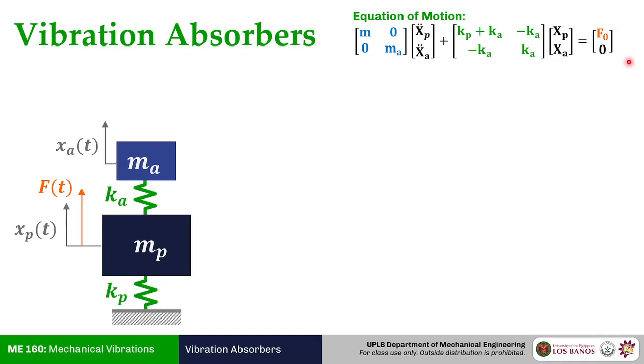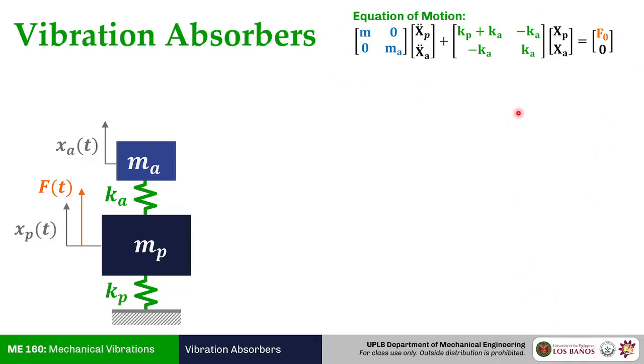The forcing function is applied only to the primary system, so it's only in the first row. Our stand-in for the forcing function is only the forcing amplitude, so forcing amplitude, displacement amplitude, acceleration amplitude. This is only possible because we are only looking at the steady state response of our system.